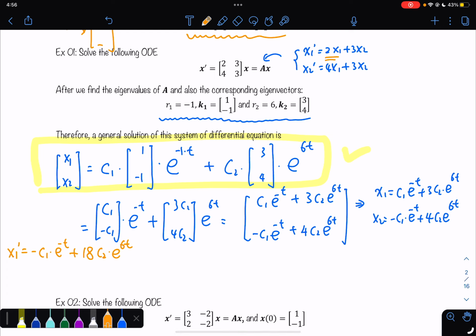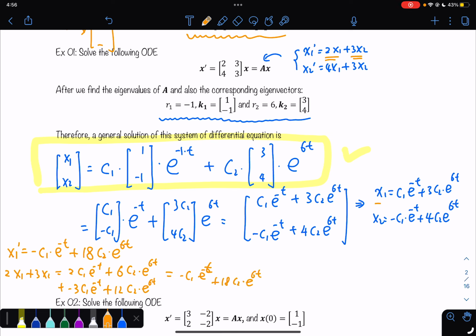And let's see if 2x1 plus 3x2 adds up to the same thing. 2x1 plus 3x2 is twice c1 e to the negative t, plus 6 c2 e to the 6t, plus 3 times negative c1 e to the negative t, which is negative 3 c1 e to the negative t, plus 3 times 4, which is 12 c2 e to the 6t. Together, I end up with negative c1 e to the negative t and 18 c2 e to the 6t.